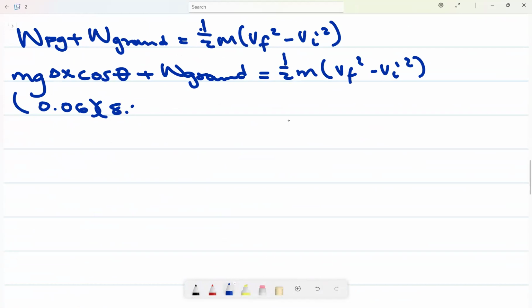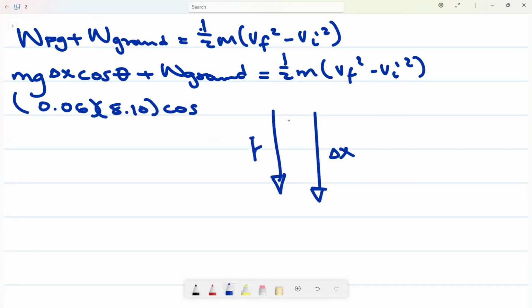The total distance 8.10. Cosine, gravitational force, it is doing what? I want you to see something. Gravitational force, the direction of motion is going downwards, and FG is also acting downward, so it means FG is doing positive work.